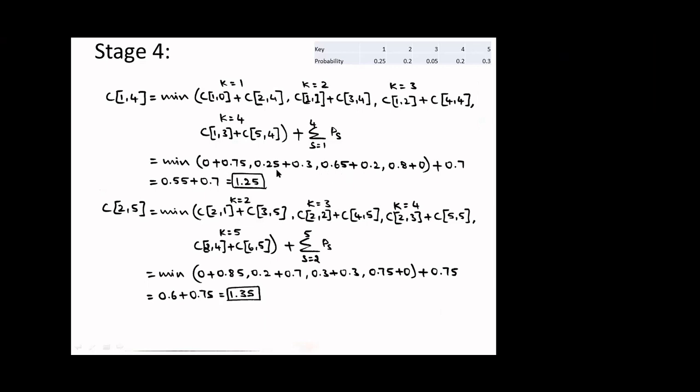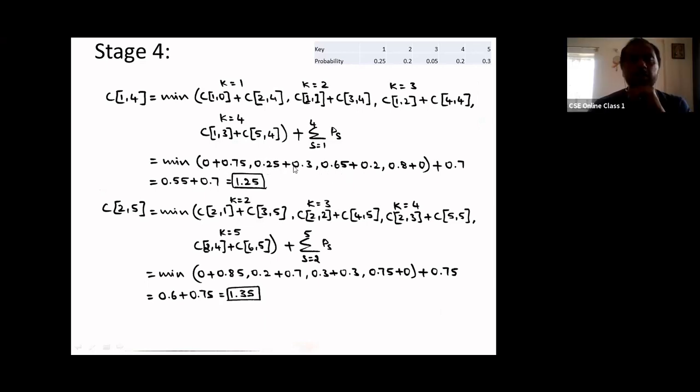We get 0.55 as the best, compared to the others: the first one is 0.75, the second one is 0.55, the third one is 0.85, and the fourth one is 0.8. Comparing all this, key 2 is the best choice. Therefore its cost value is 0.55 plus its total probability, running from 1 to 4, which is 0.7.